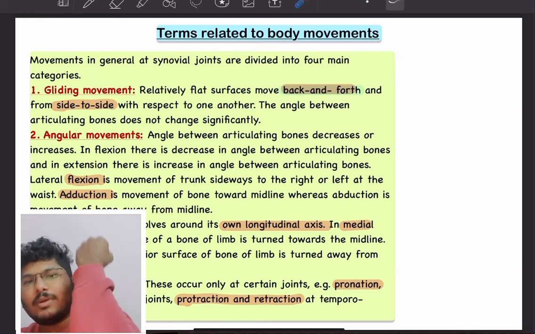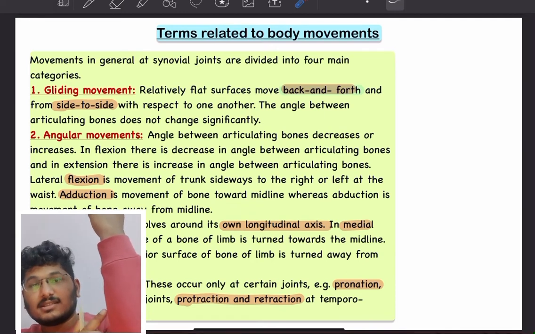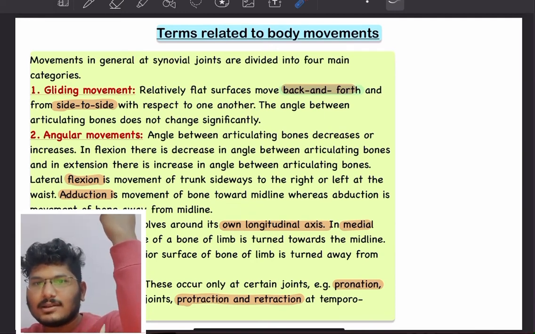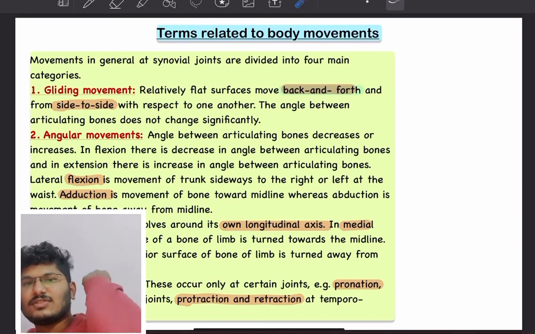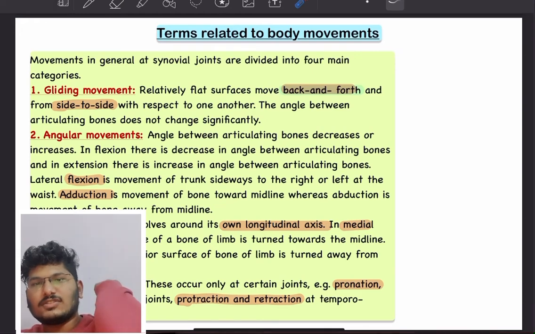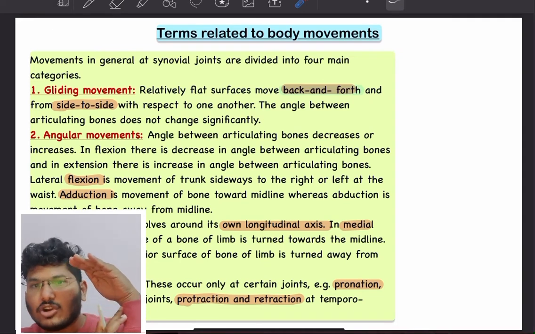Any movement in which the angle between the 2 articular surfaces is decreasing is called flexion. So this is called flexion of elbow. This is flexion of wrist, because the angle between the articular surfaces of the wrist joint is decreased.